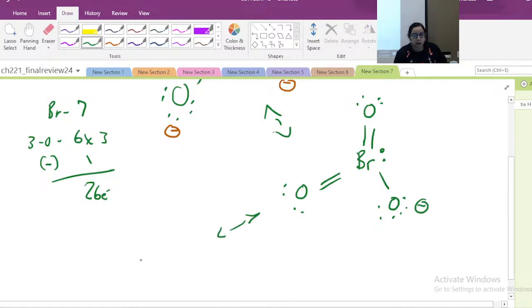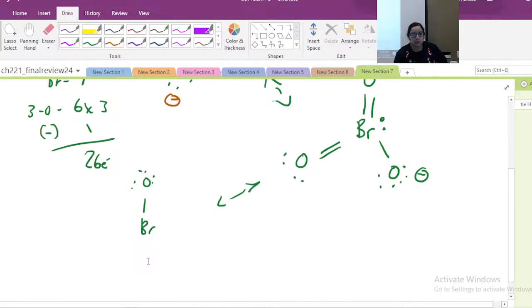And then, of course, we can draw more resonance structures, just showing how that negative charge can rotate around. Can we draw a single superimposed resonance structure like in the textbook? I'd rather you draw it out separately, just so it's more clear.